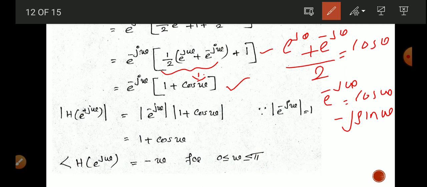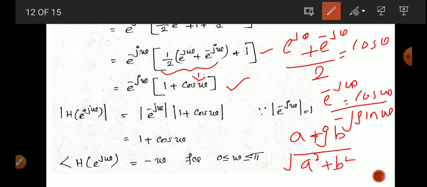On taking the magnitude, this is in the form of a plus jb, and the magnitude of a plus jb equals root of a square plus b square.